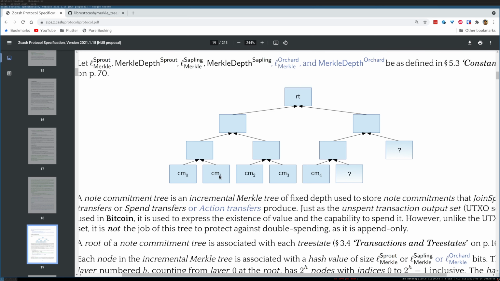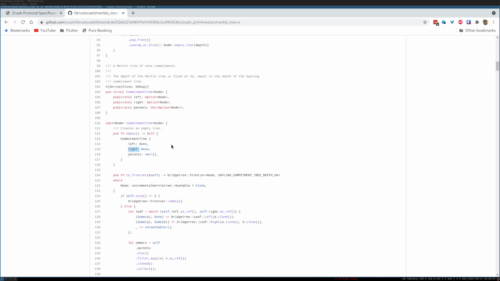So now you go and you add CM2. So CM2, well, you start to have a problem because you only have 2 slots. You have only left and right, and therefore you don't have room anymore for a single element, right? But let's see what should happen.